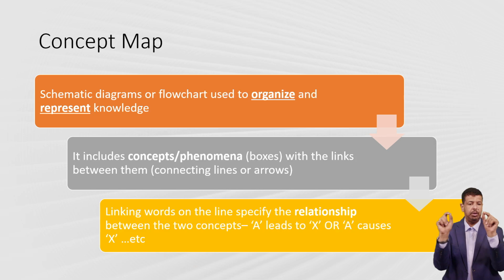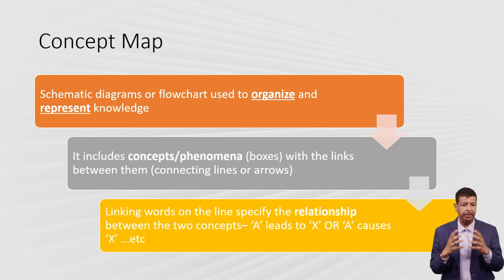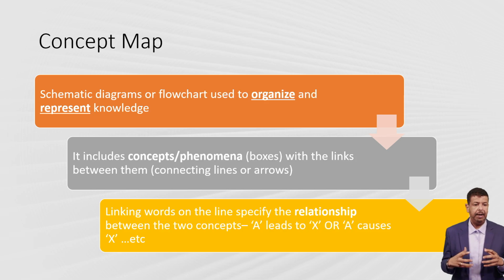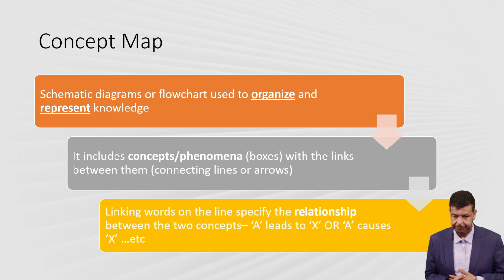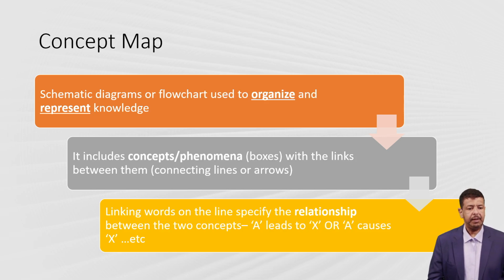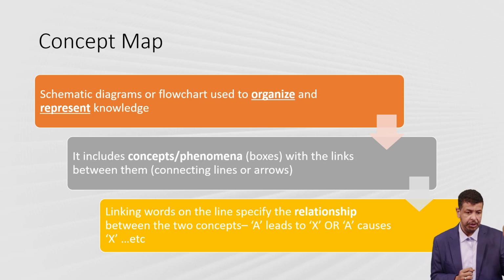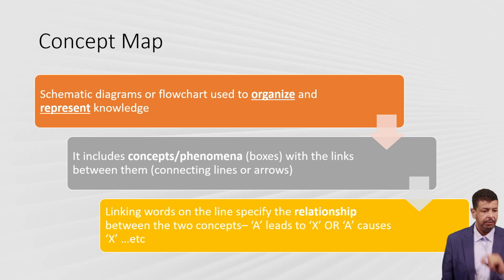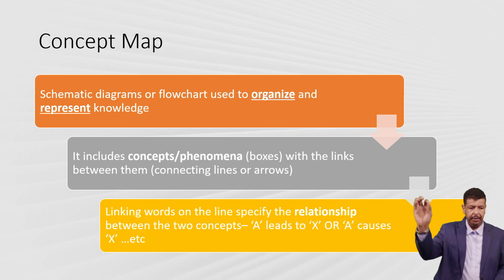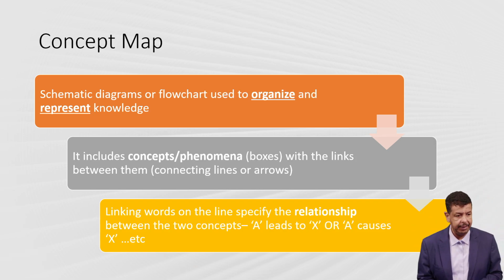It includes concepts and phenomena in boxes with links between them, and connecting lines or arrows. There are linking words on the lines that specifically show the relationship between the two concepts, for example, A leads to X or A causes this. This is a very important thing to follow.